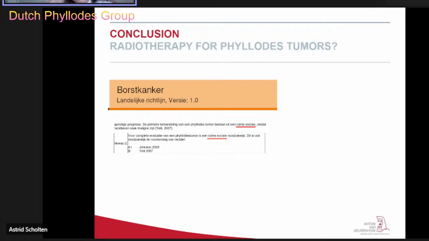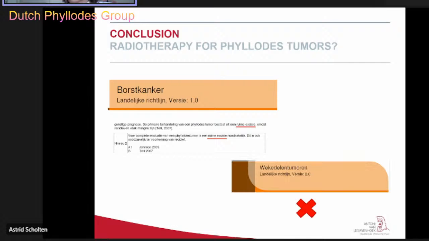Our national guideline, Frederieke just mentioned it, only says treatment of a Phyllodes is a wide excision. That's all. Now, we're working on a new guideline, so hopefully next year we can show you some more information, because the guideline of the soft tissue sarcoma doesn't mention the Phyllodes tumor at all.